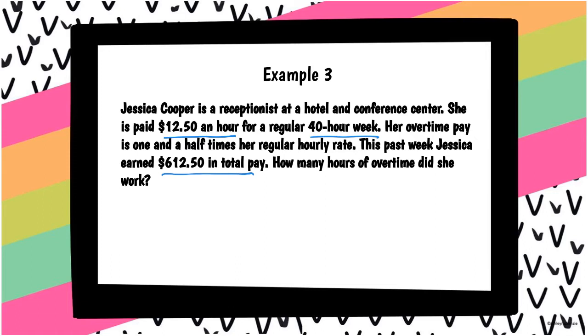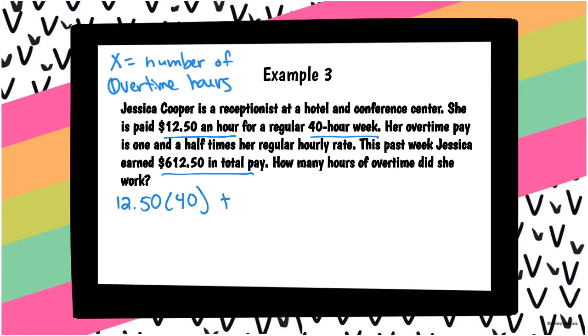So we're going to let X equal the number of overtime hours, and we're going to create an equation. She makes $12.50 for 40 hours.